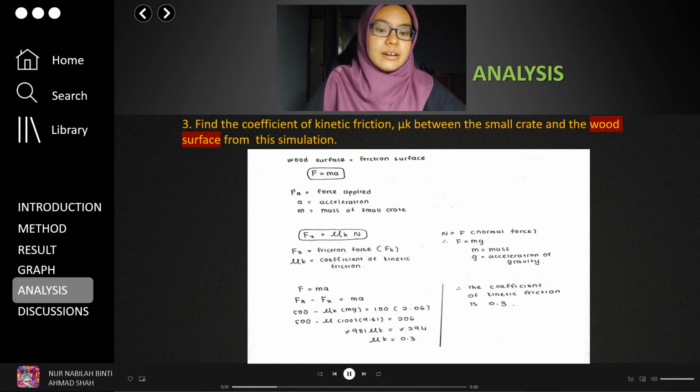So we put it in here, and the mass is 100, as I said at the beginning, multiplied by 2.06. The 2.06 is the value from the friction surface data. So we calculate it, and we get mu k as 0.3. So the coefficient of kinetic friction is 0.3.